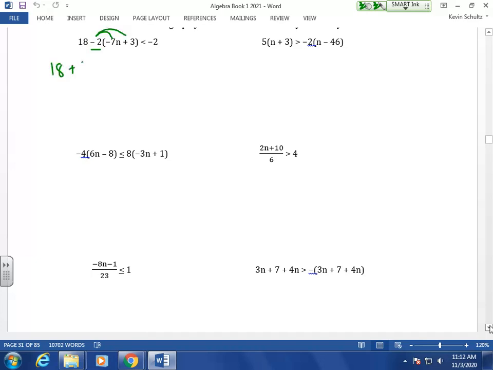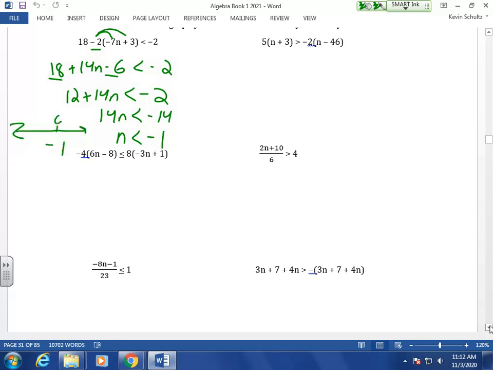We get 18 plus 14n minus 6 is less than negative 2. Now we can combine our 18 and negative 6 to get 12 plus 14n is less than negative 2. Subtract 12 from both sides: 14n is less than negative 14. Divide by 14, and n is less than negative 1. Don't flip our sign. Open circle at negative 1 going left.